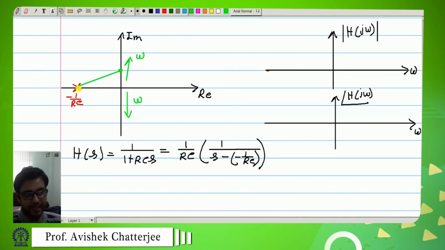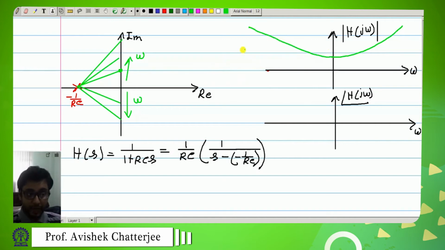Okay, and this length is the length of the magnitude of s minus this. So you see, as omega increases, this length increases. So we will have a plot like this. And also for negative omega, it also increases. It will be like this.